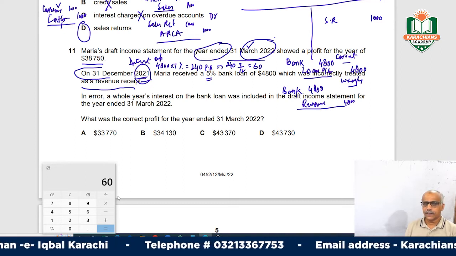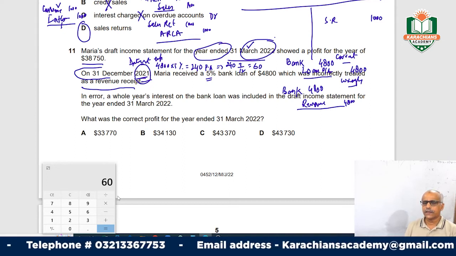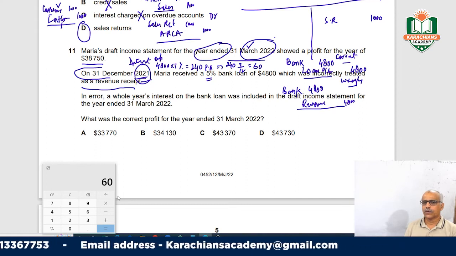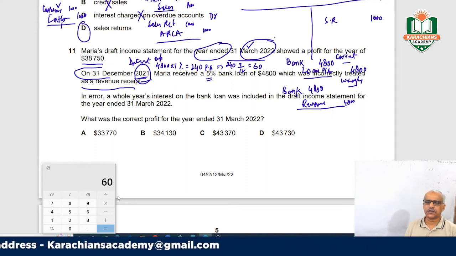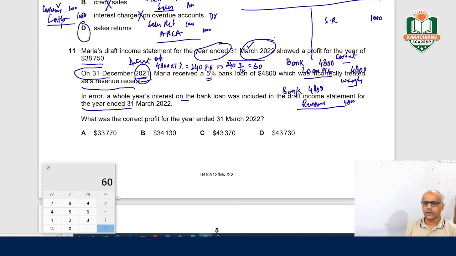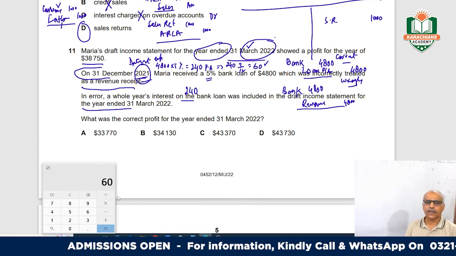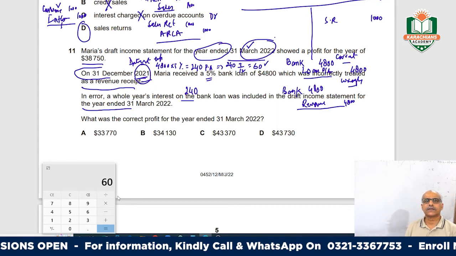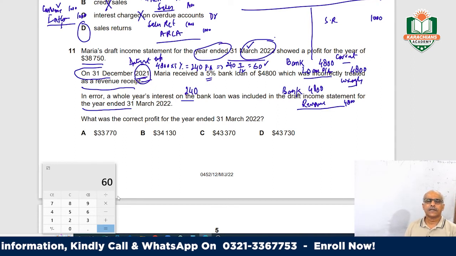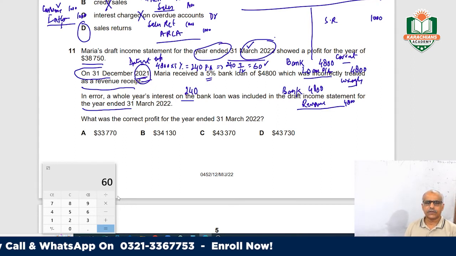And another thing, in error, a whole year's interest on the bank loan was included in the draft income statement. So in calculating this, he made a mistake. He was to take this 60 as an interest expense, and he took 240 and deducted the 240 as expense, but he was to deduct only 60.